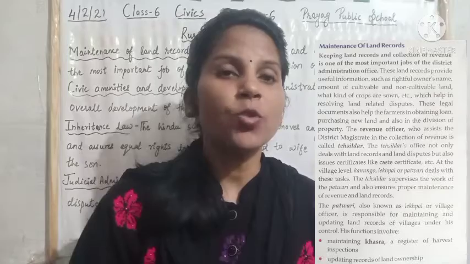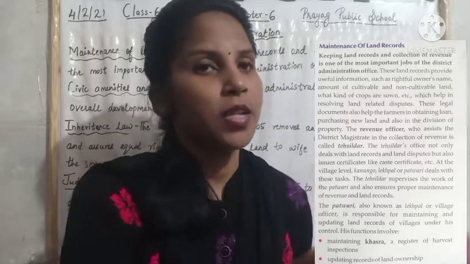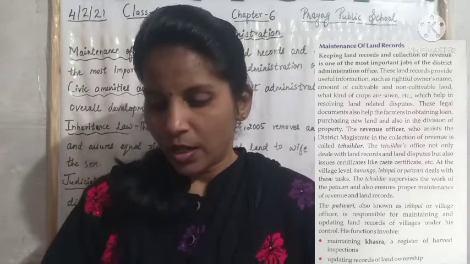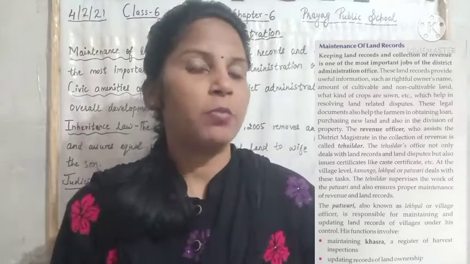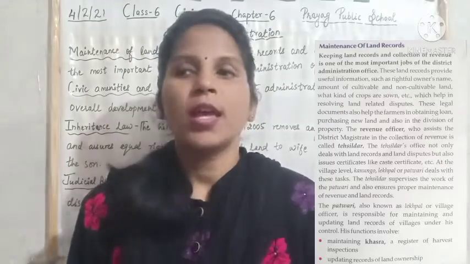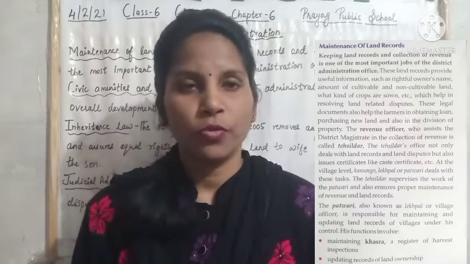Whatever agricultural property is there, there is equal right for boys as well as for girls. As you can see, it is equal for the son and daughter both. This law is uniformly applicable all over India.